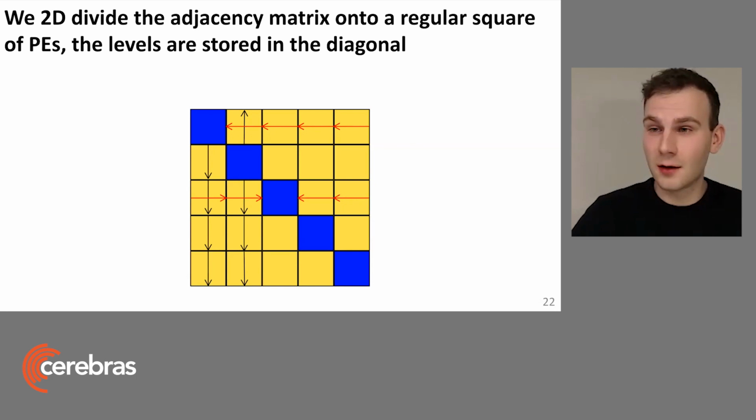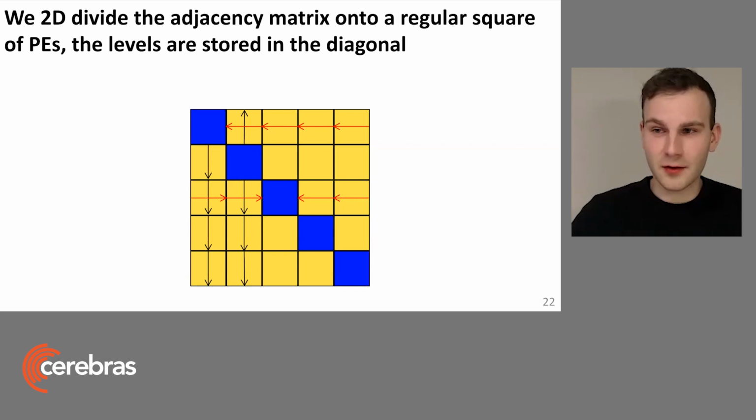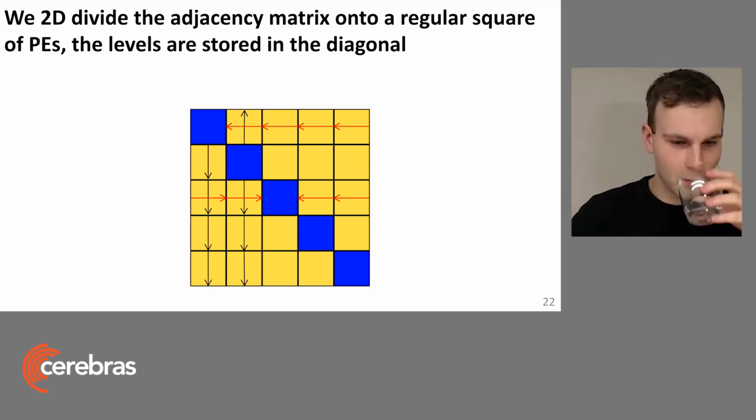So this was our initial approach: place the data on the diagonal, broadcast the data outwards in the columns, and then reduce it along the rows into the diagonals and build the next state, which we then send out again. And we do this repeatedly.